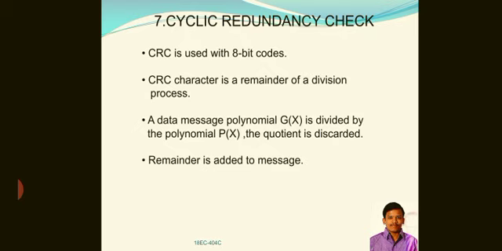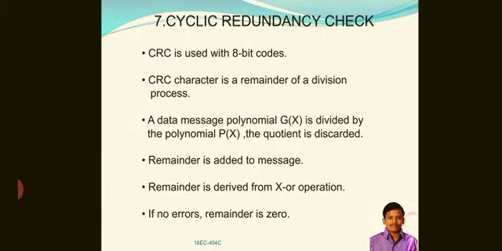After making the division, whatever remainder we get will be attached to the information or message to be transmitted. This remainder follows the binary XOR division or XOR operation. That is, the data or message to be transmitted will be divided by a known polynomial. Here the quotient is not considered. Whatever remainder we get will be added to the original data.